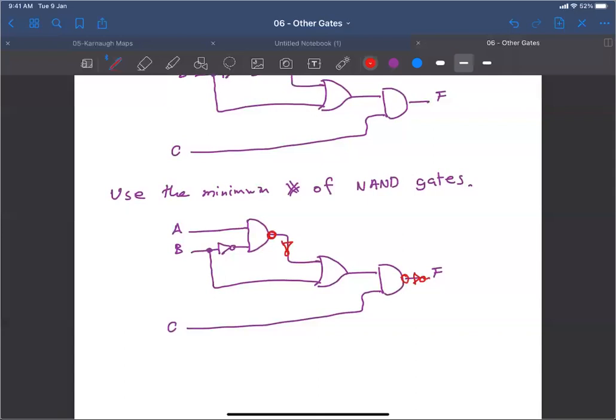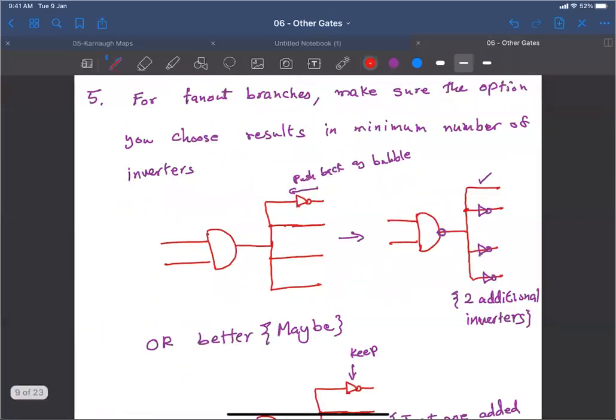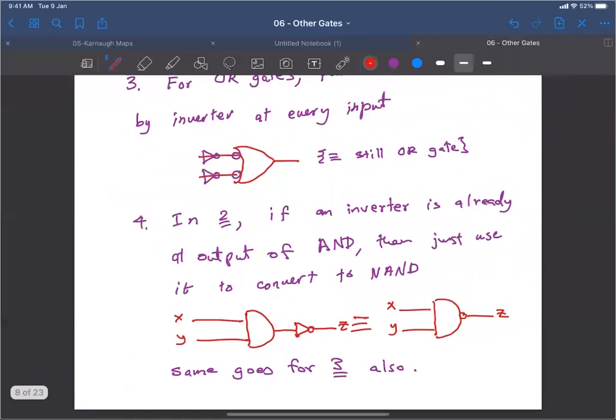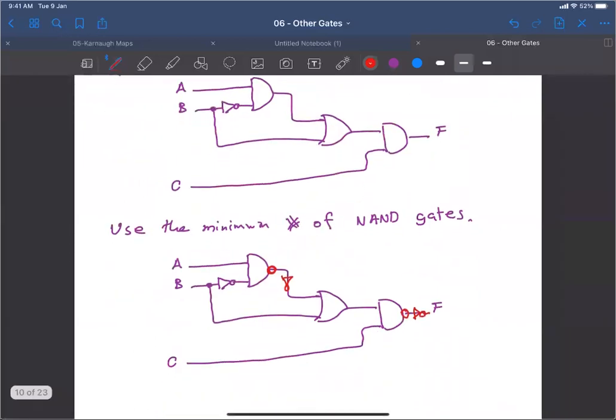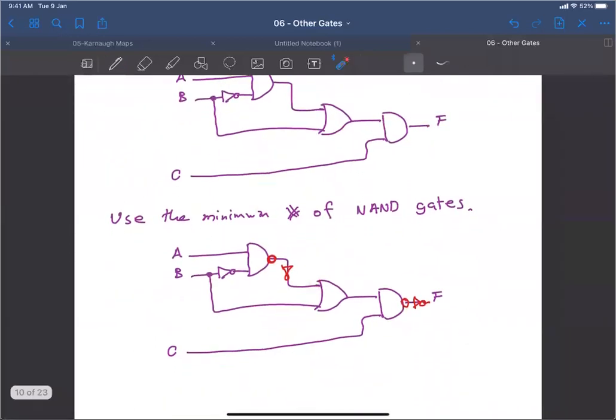Now what is remaining? The OR gate. How do I proceed with the OR gate? You see in the OR gate here, we need bubbles at the input, and then we need to cancel these bubbles. For this input of the OR gate, we already have an inverter here that we can utilize, so I'm going to cross this inverter out and put a bubble here instead of that inverter.